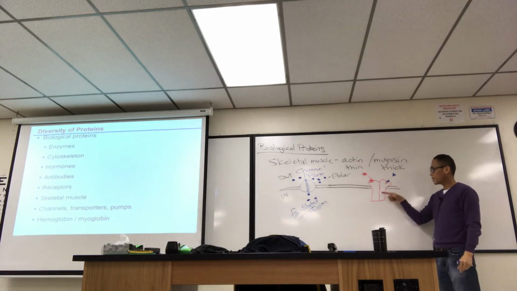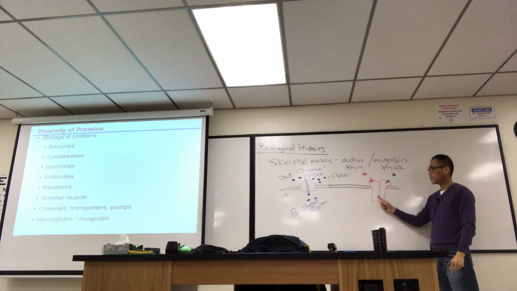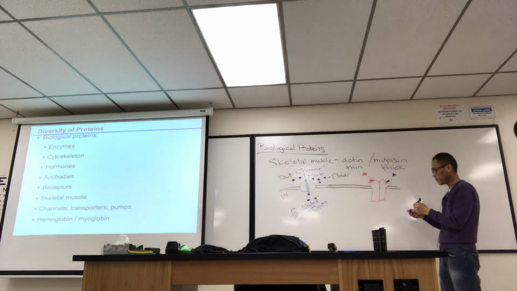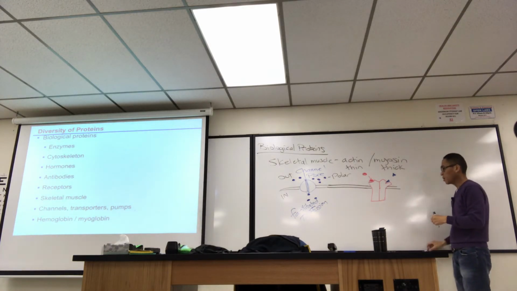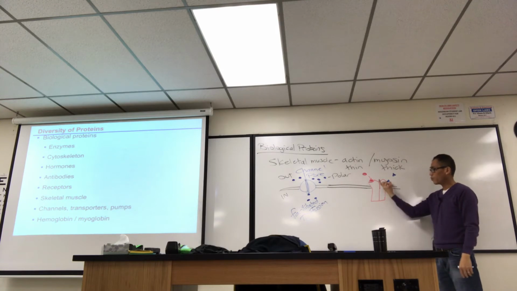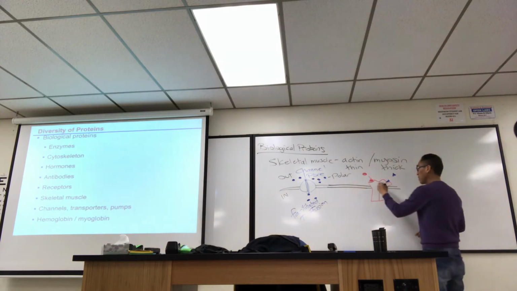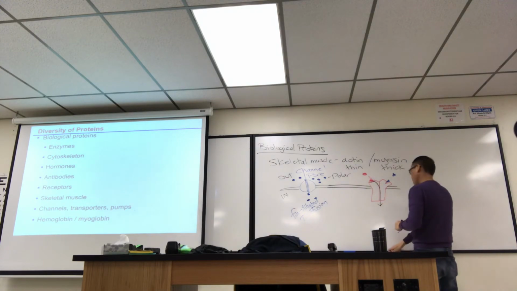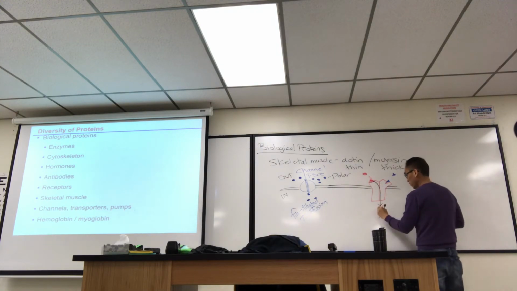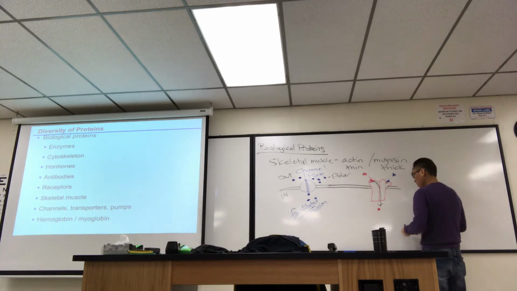And when they both bind, maybe this will change its shape to allow them in. I don't want to keep redrawing, it takes too much time, but the idea is you would co-transport both of these molecules into the cell. Okay, so maybe they both get in, the red molecule and the blue one.